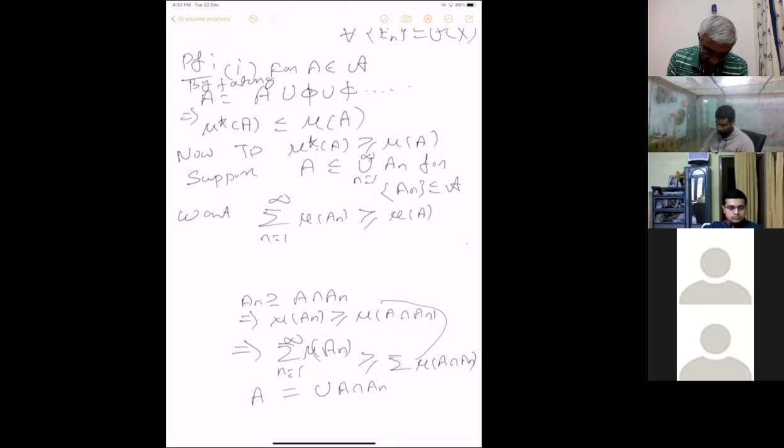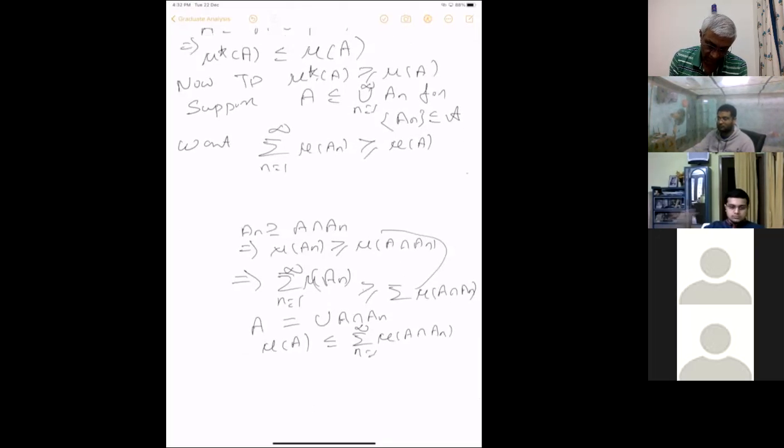So because of that, we already have the subadditivity. Mu of A is less than or equal to the summation of mu of A intersection An, n equal to 1 to infinity. So that's what we have there.